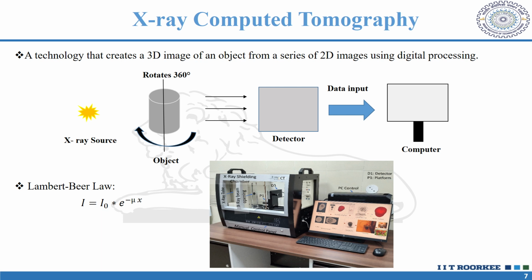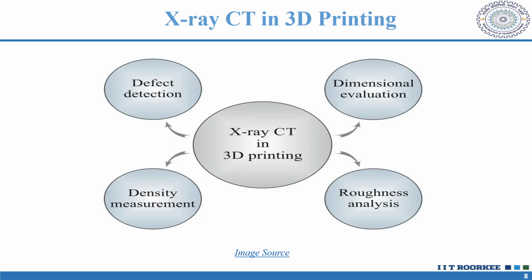It works on the principle of Lambert-Beer's law, and this is the X-ray CT machine available at our DD imaging lab, which we utilized for characterizing different 3D printed samples.